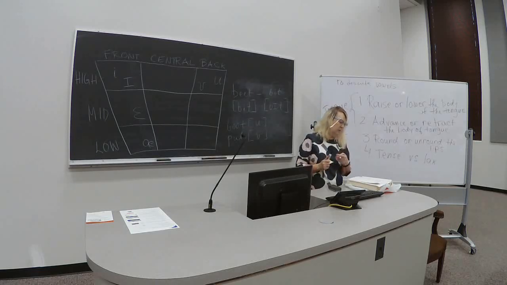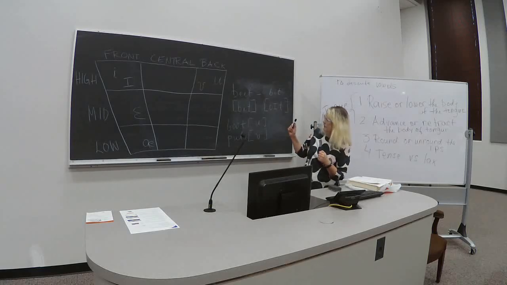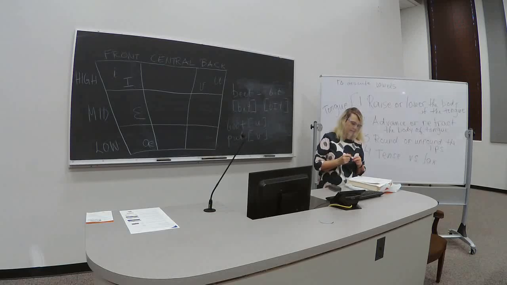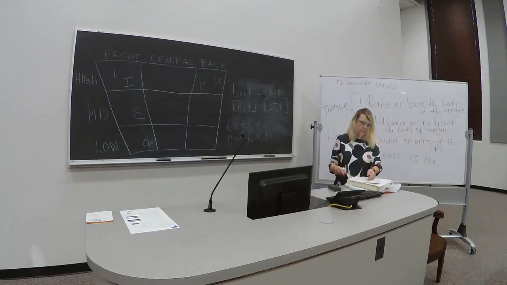Okay, so there are 12 English vowels, and we have now covered 6, so we're halfway there. You also need to look at page 62, which introduces 2 more to the vowel chart.